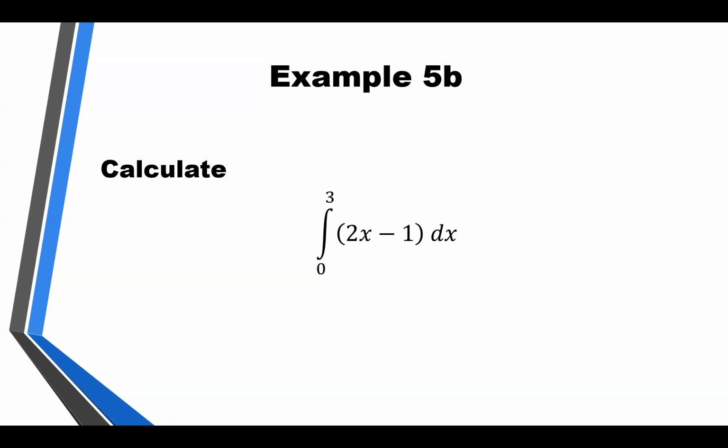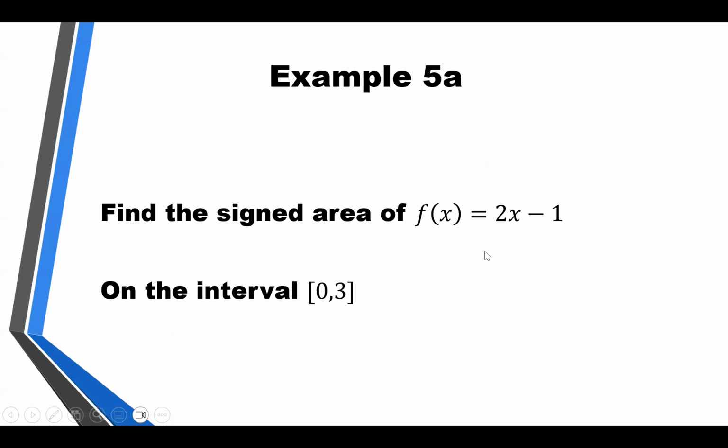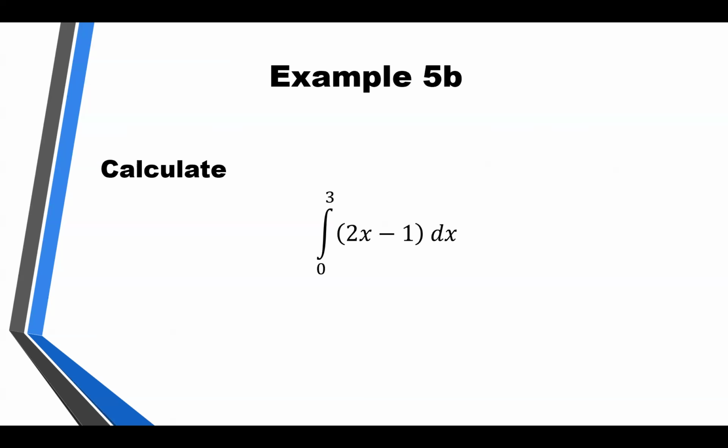So if we were asked to calculate this, the definite integral from 0 to 3 of 2x minus 1, we've actually already done that. When we found the signed area of f of x equals 2x minus 1 on the closed interval from 0 to 3, we found that to be 6. So this integral is just 6.